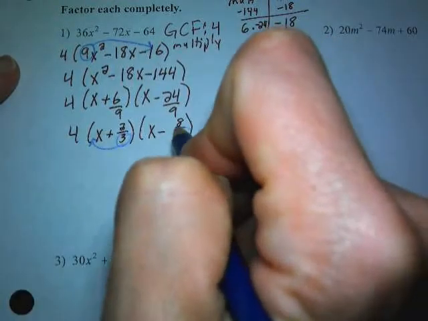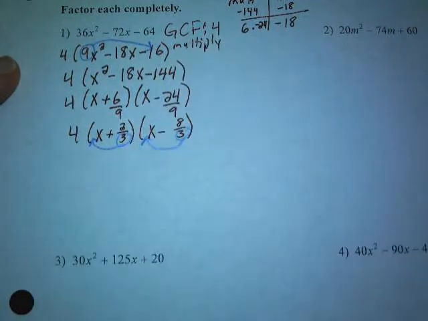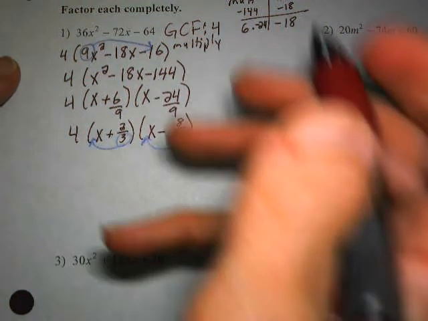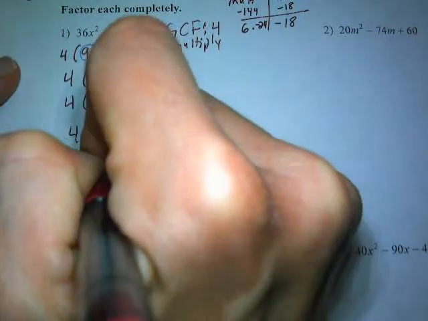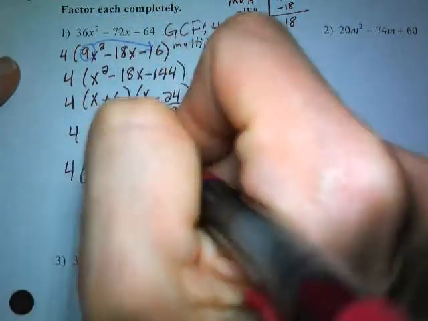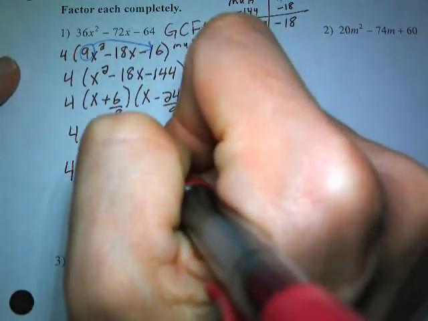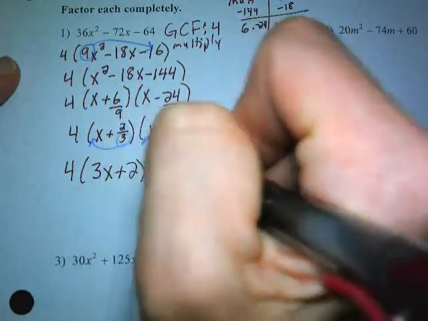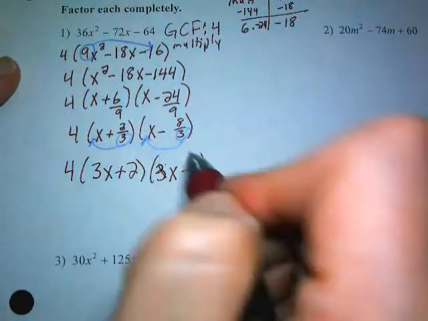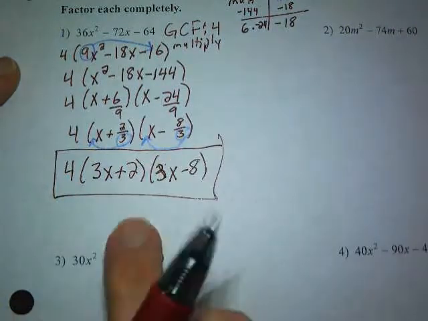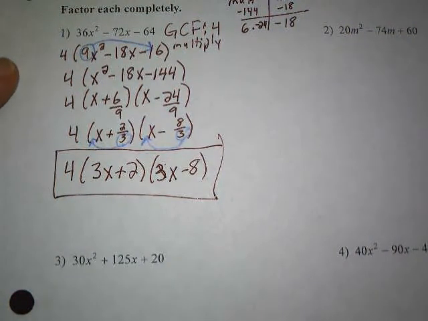We do not like fractions inside our parentheses. So 4 times 3x plus 2 times 3x minus 8. And all of this here is your final answer.